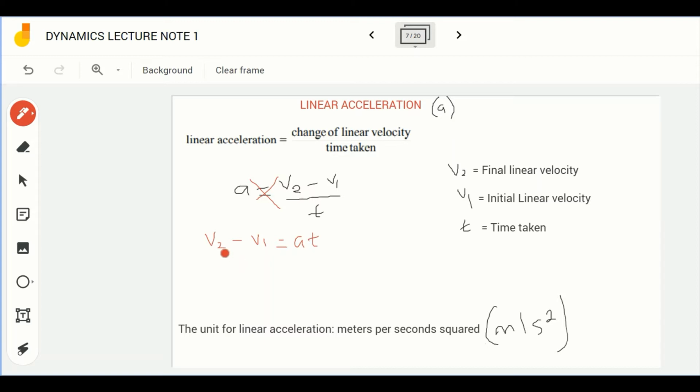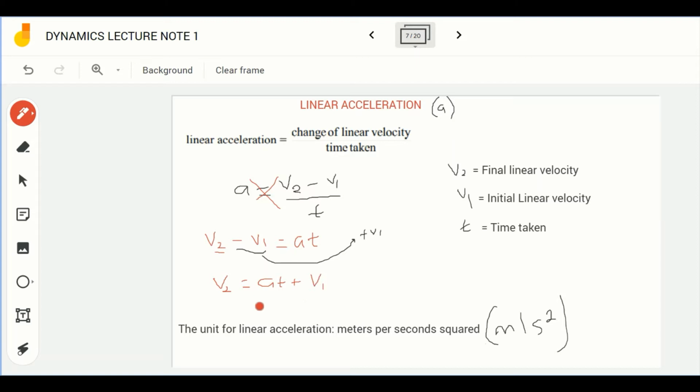I want to make V2 the subject of the formula, so I will add V1 to both sides. My minus V1 will move to my right hand side to become plus V1. So my new equation becomes V2 equal to AT plus V1.